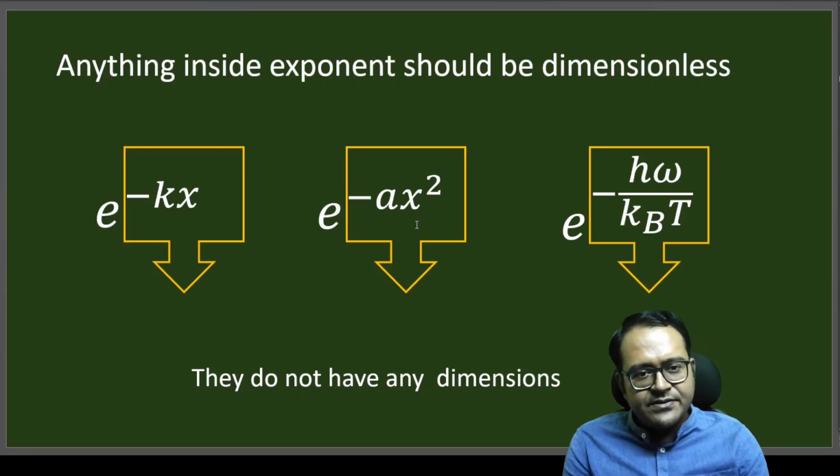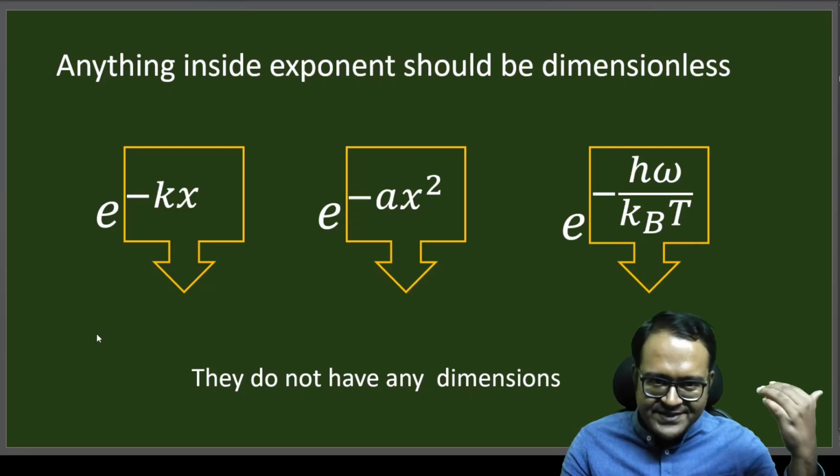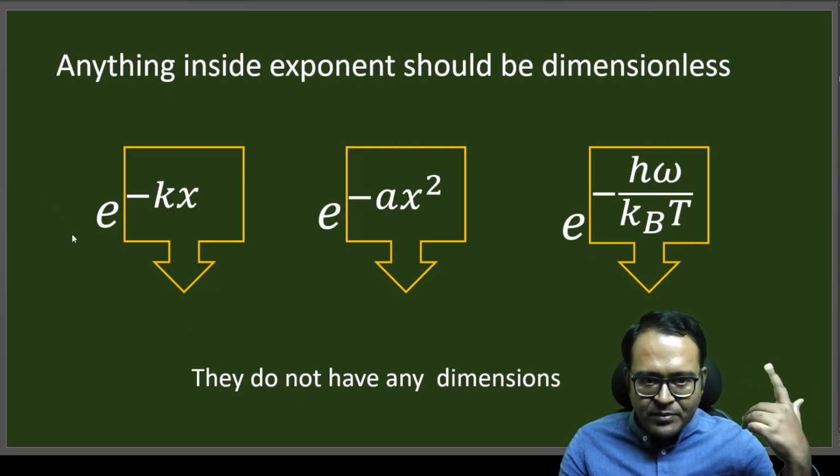We can answer the question in many ways. For now, it is sufficient for you to know that if you take the derivative of e to the power minus x, you get e to the power minus x itself. So then think about it. Just think about the dimension of the derivative of these quantities.